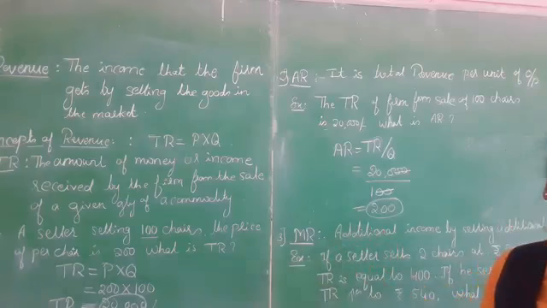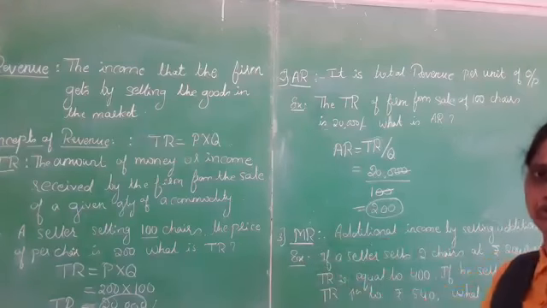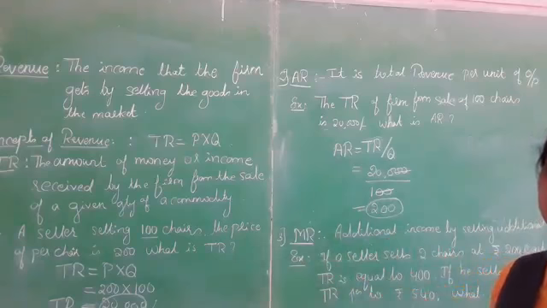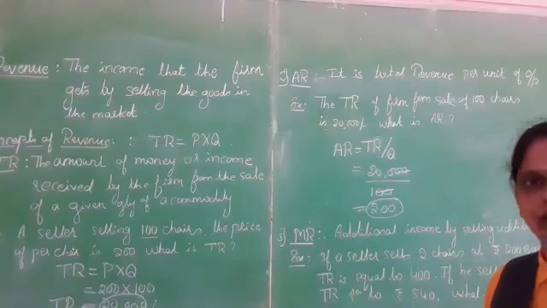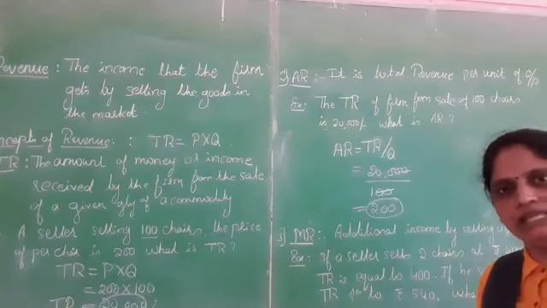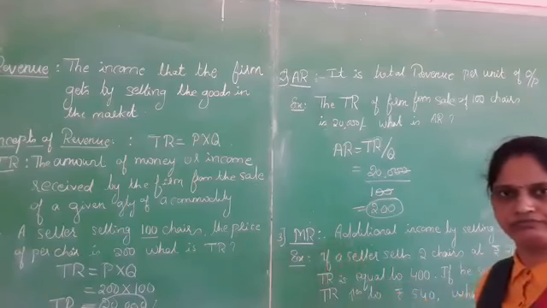So, marginal revenue is an addition to the total revenue by selling additional output. That's why it is called incremental income. How to find the marginal revenue?